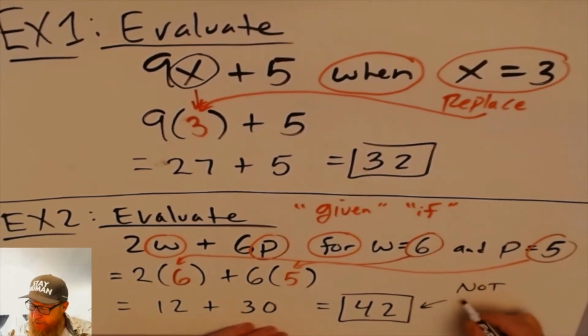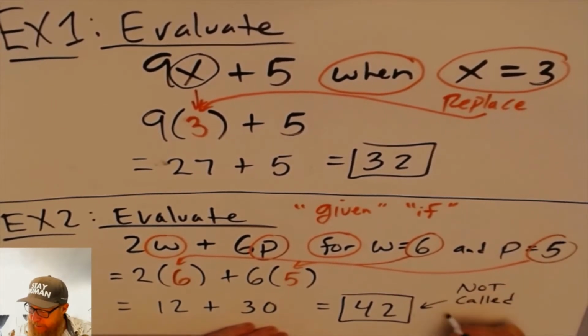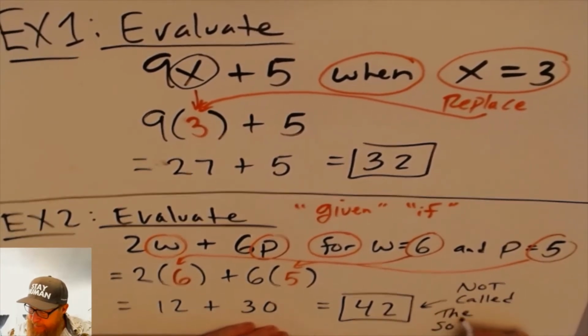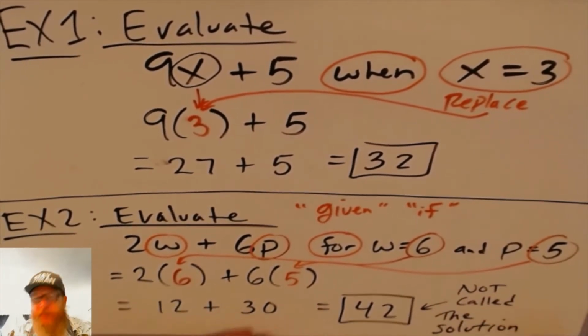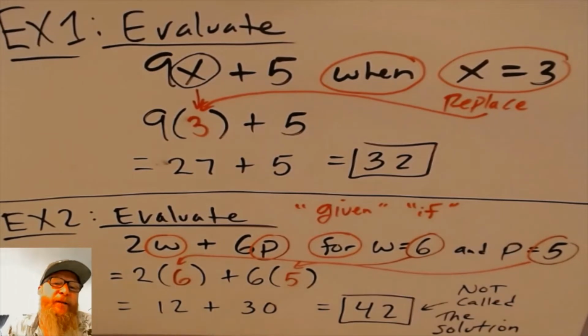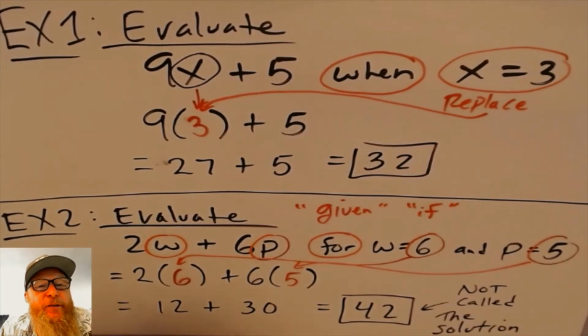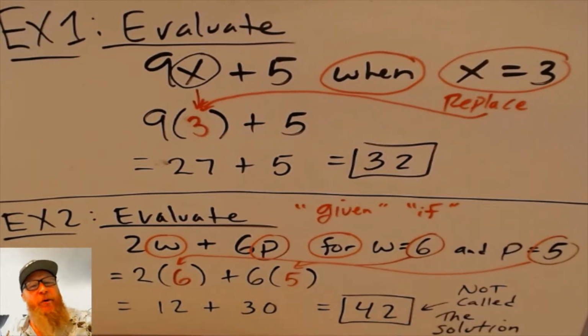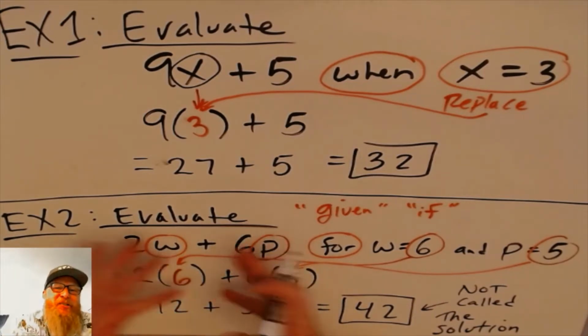I want to make sure that you understand how to say this right. This is not called the solution. All right, and I know we probably won't talk all that much. Mostly you're just listening to me, but in a classroom setting or in a real world situation, we're talking to each other about stuff. Somebody says, "Oh, the solution is 42." Well, not really, no, because you didn't really solve anything.